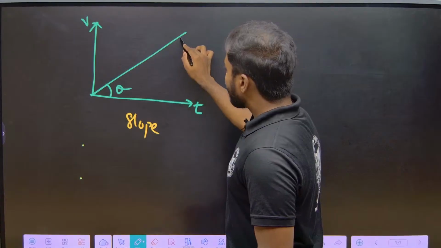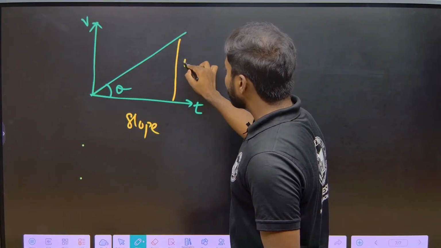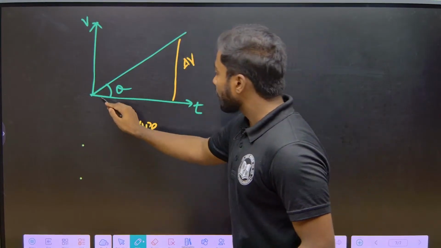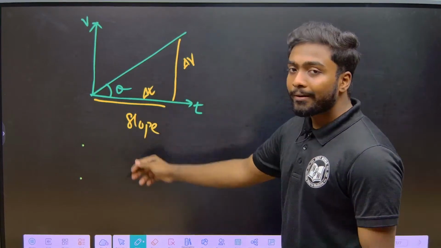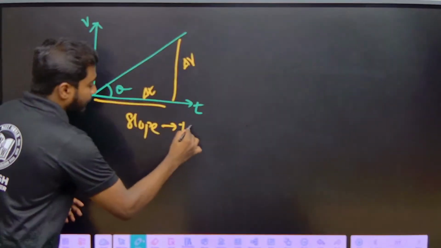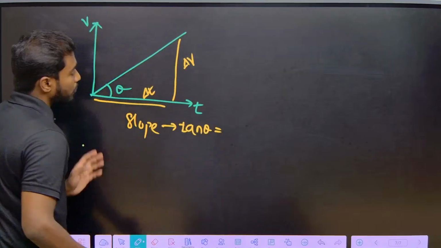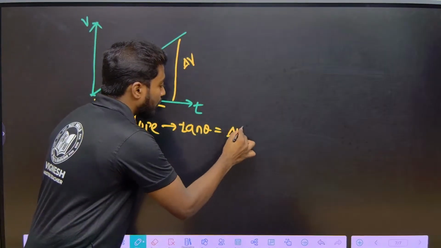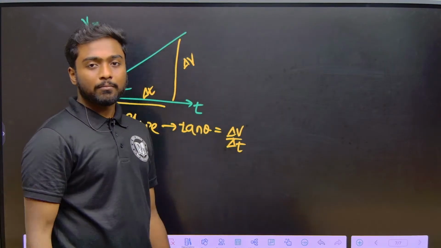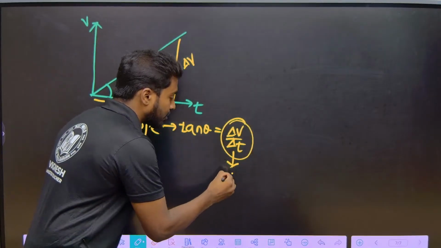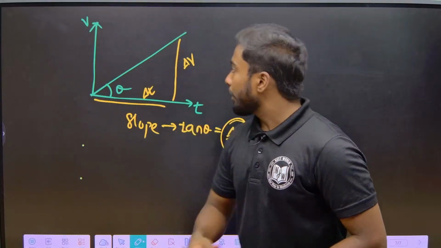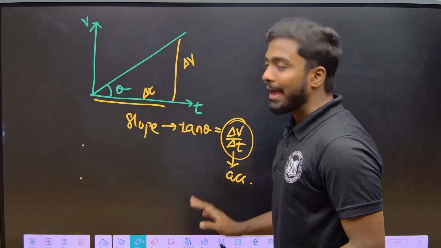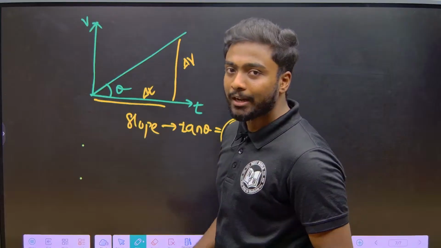See, on the y-axis it is delta v, and on the x-axis it is delta t. What is slope? It is nothing but tan theta, right? Tan theta is equal to opposite by adjacent, that is v by t. What is v by t? Simple, acceleration, right? So when you talk about a velocity versus time graph, the slope is acceleration. Simple thing, the first point you can understand.